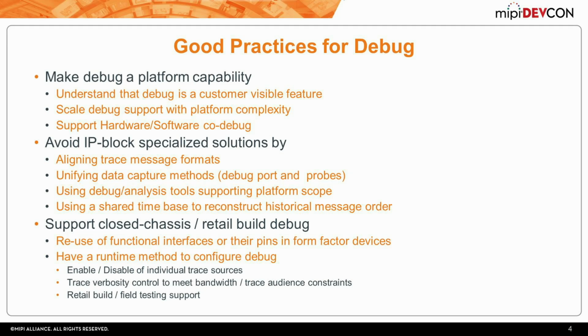So there are specifications that allow you to reuse the functional ports like USB or Ethernet to capture data in the field, and also have debug features available as a runtime option in retail devices. So don't leave debug out of retail builds, make it a build option, make it a runtime option, so that when it's necessary, you can get trace and debug data from the field.